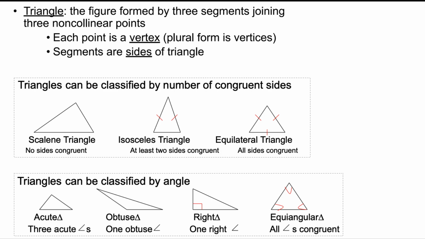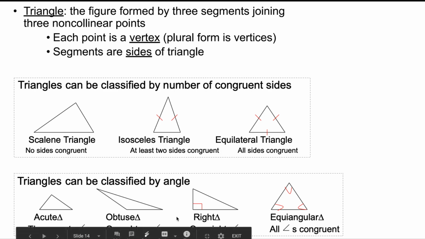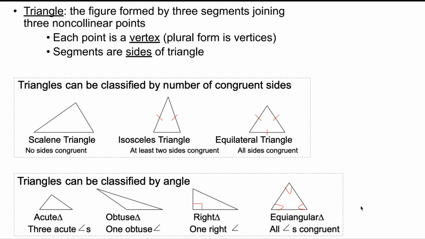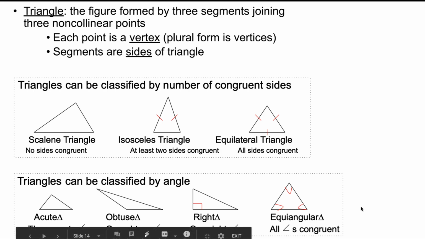Try to make a triangle with two obtuse angles. You cannot make a triangle because they have to be open. So try that. Okay, if there's one 90-degree angle, we call that a right triangle. And also, when you have all 3 angles congruent, we call that an equiangular triangle. So it makes sense, right?